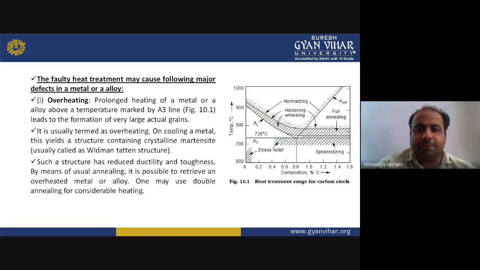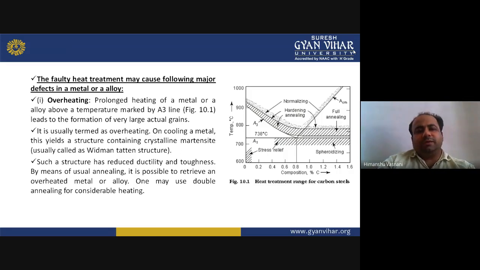Then the normalizing zone is shown above the ACM line, and on the left hand side above the A3 line, and the hardening line is also shown. So you can understand the required temperatures for each process with that diagram.